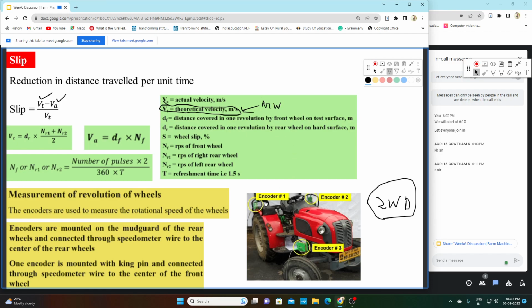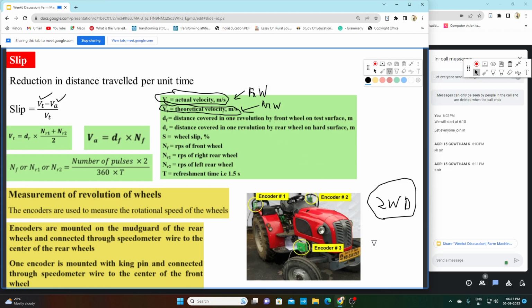This theoretical velocity is only applicable for rear wheels, but as the front wheels are not receiving power, our front wheels are towed wheels. So that is why they move with Va, the actual velocity. These are front wheels, FRW. So the actual velocity is applicable for the front wheels and theoretical velocity is applicable for the rear wheels.